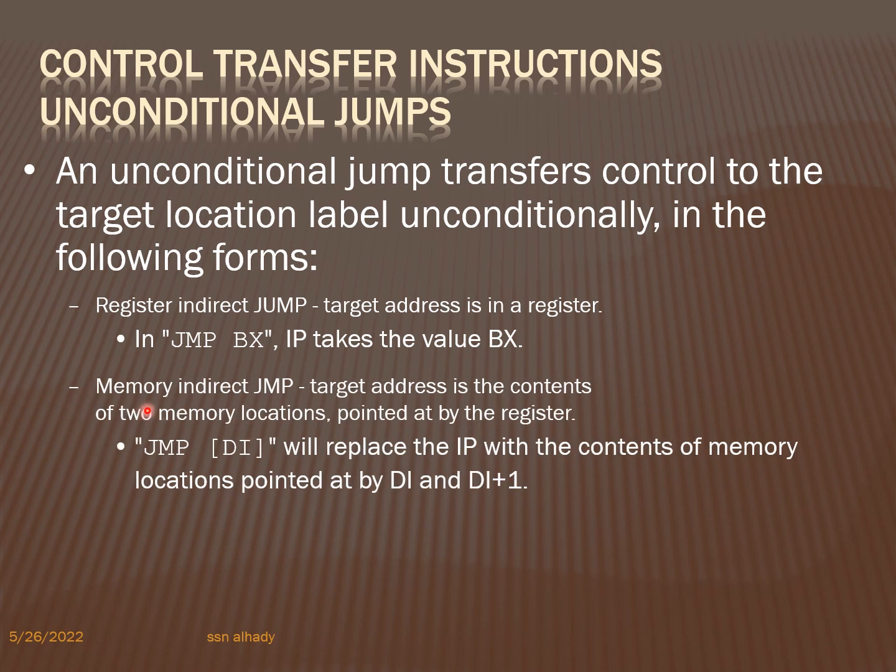And then you can have memory indirect jump, where the target address is the content of the two memory locations pointed by the register. Okay, jump DI will replace the IP, the instruction pointer, with the content of the memory location pointed by DI and DI plus 1.